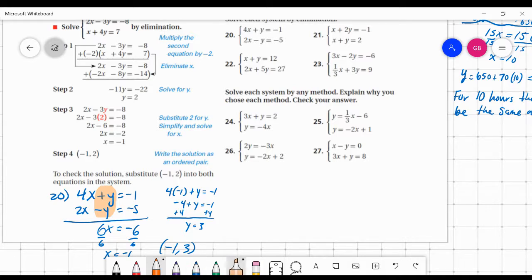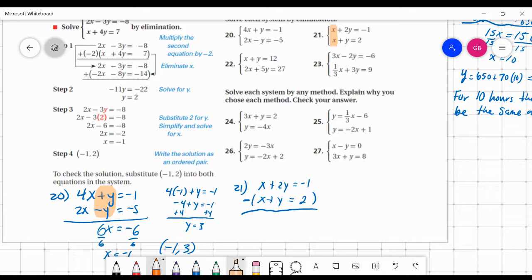For 21, the one you want to eliminate is the x, but they're both positive. So you would have to subtract the equations. Okay, you have to subtract them. So x plus 2y is equal to negative 1. You're going to subtract x plus y is equal to 2.